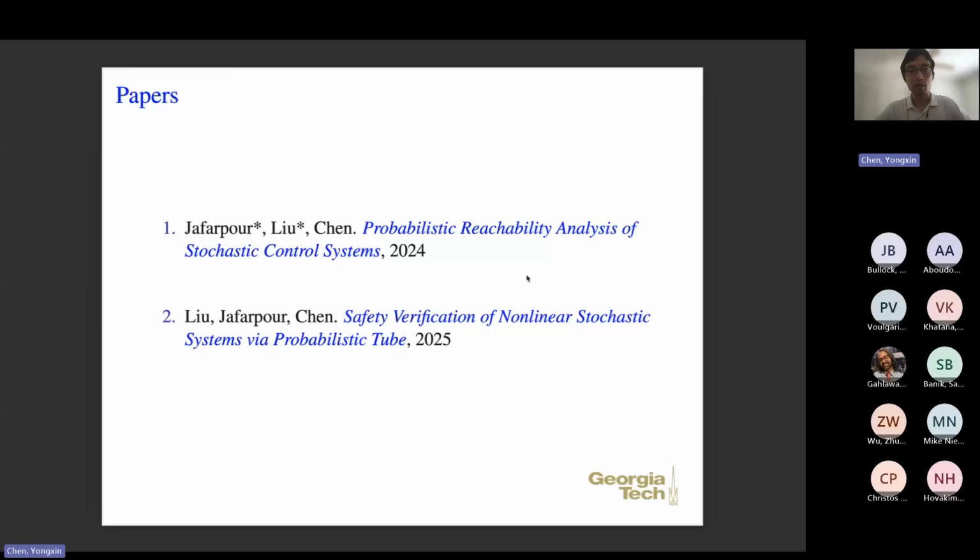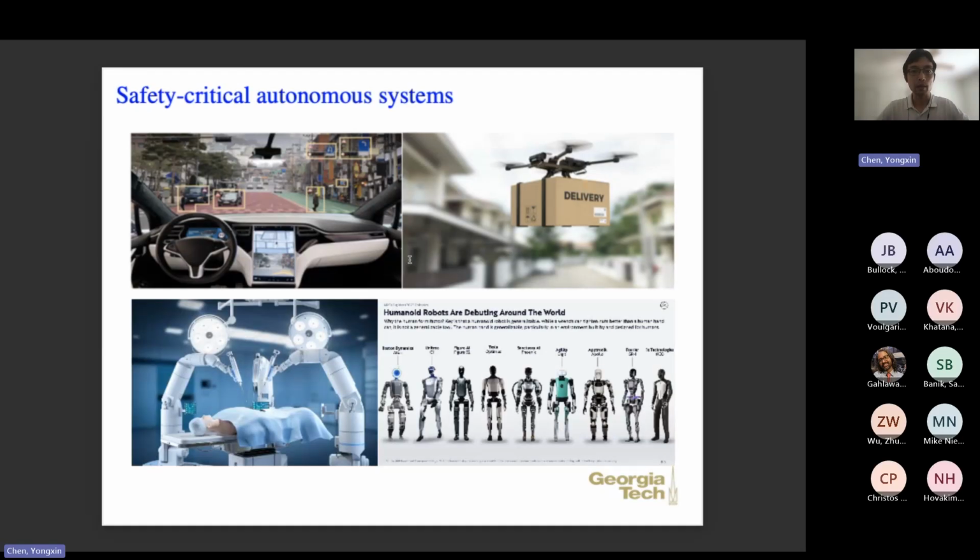This talk is mainly based on two papers. One is about reachability analysis, and another is more general, about safety verification, both on stochastic nonlinear systems.